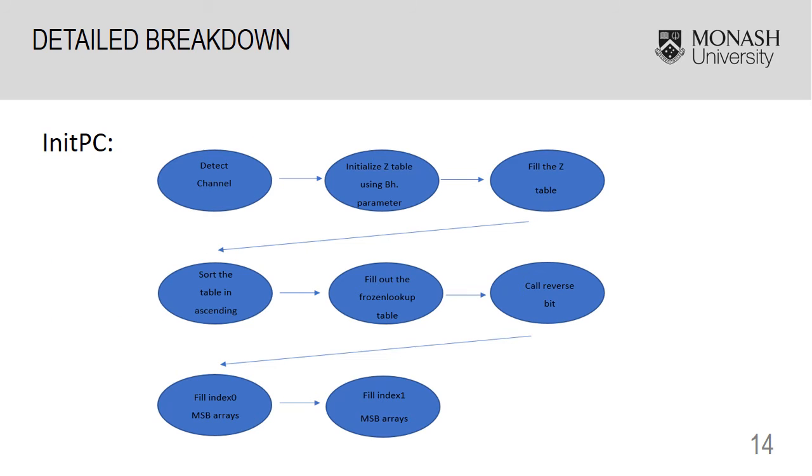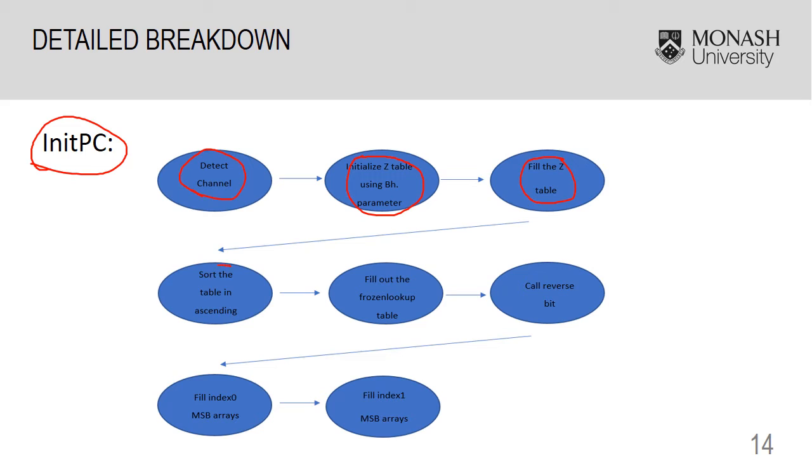So for simulation, the system will firstly perform initialization for Polar code. Firstly, it will detect the channel string to detect whether it's AWGN channel, BEC, or BSC. Then it will initialize the table using the Bhattacharyya parameter and fill out the Z table.